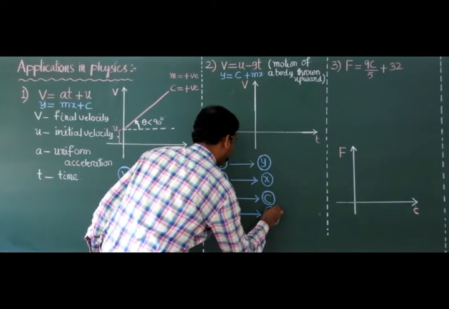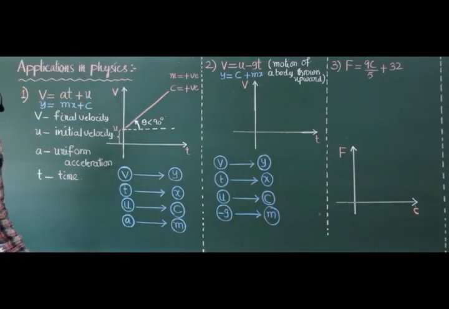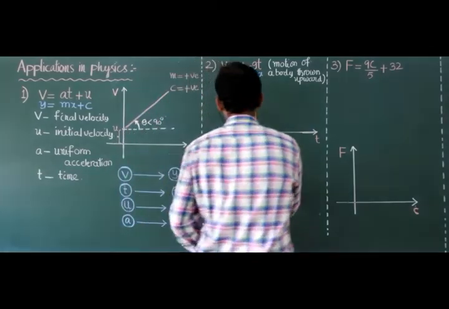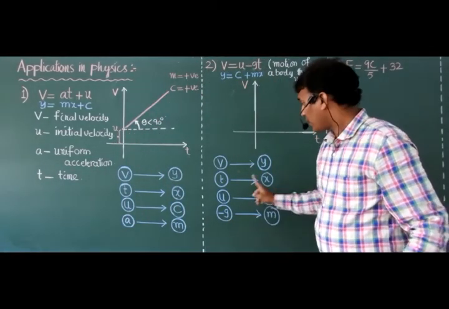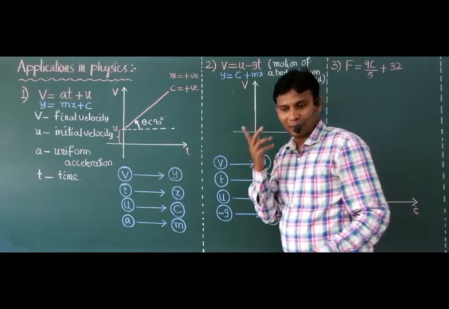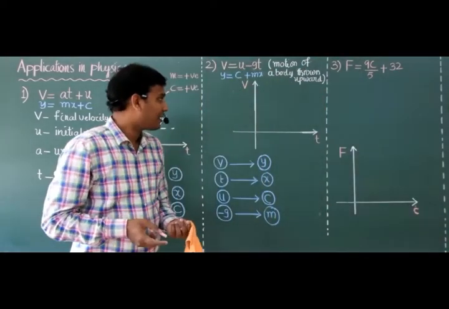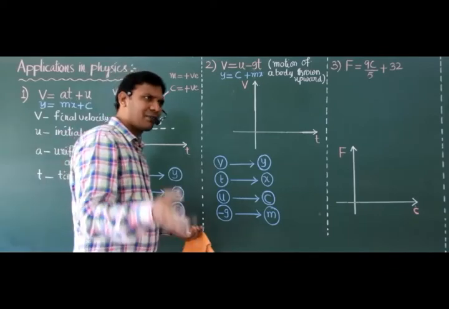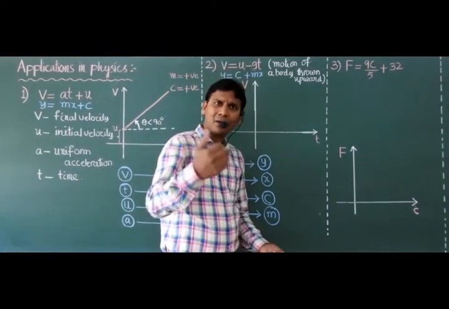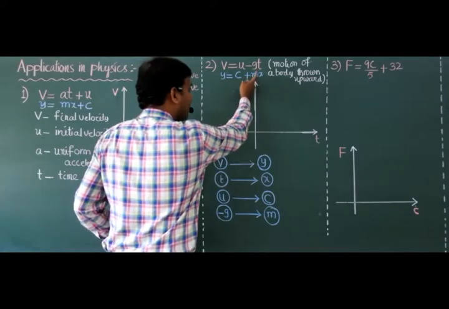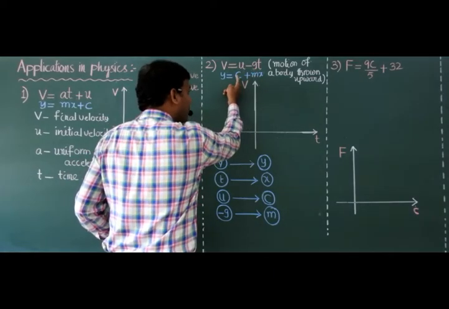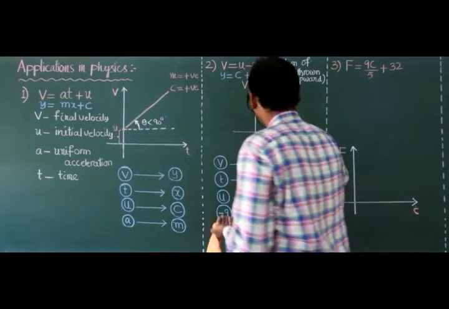m. Clear? Now in this, the slope is negative and the intercept is positive. Then what is the nature of the graph? The nature of the graph is a straight line, but not passing through the origin. Here the slope is negative, the intercept is positive.